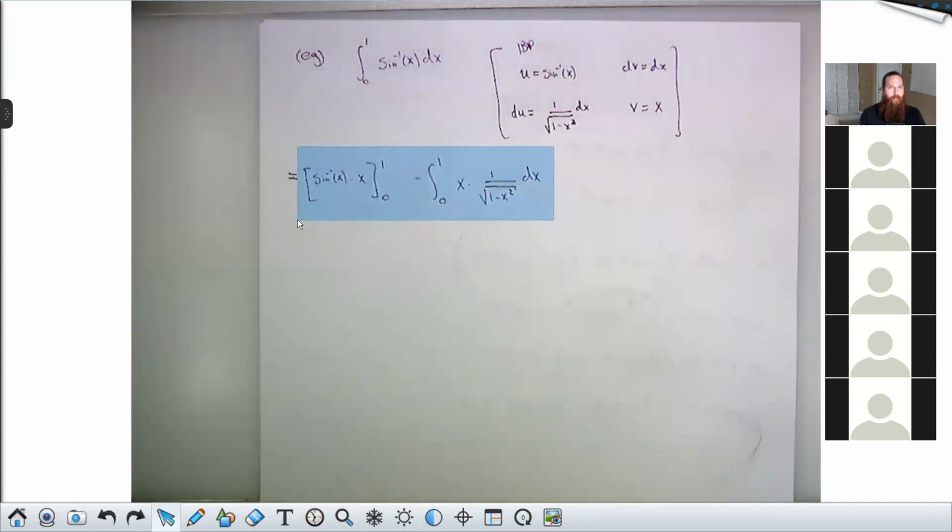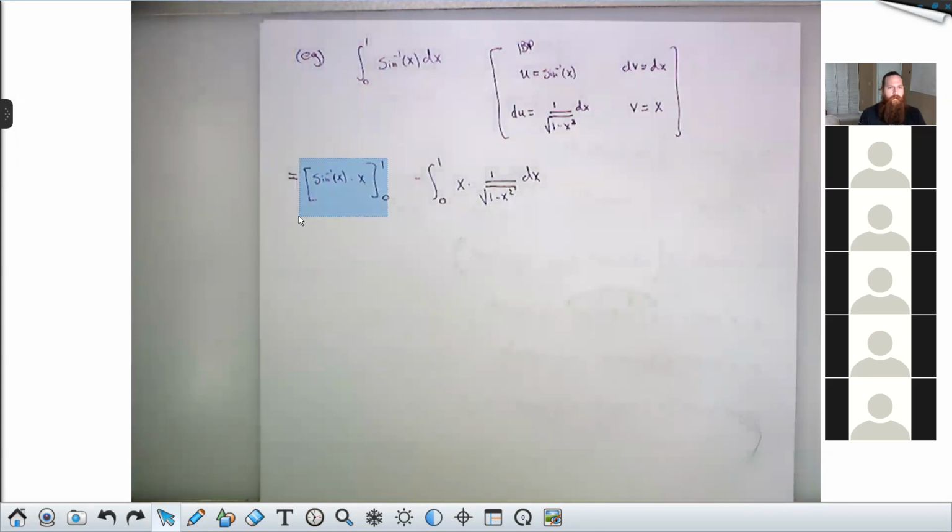So this is the output from this IBP table for this integral. Got to know those inverse trig derivatives. Those are important. They're going to show up again and again.